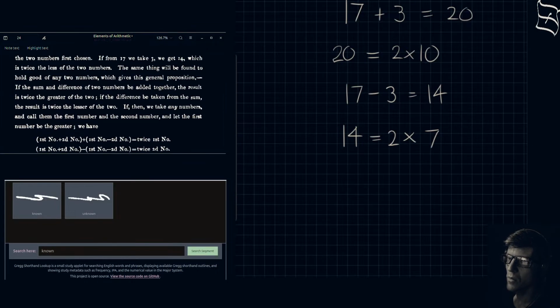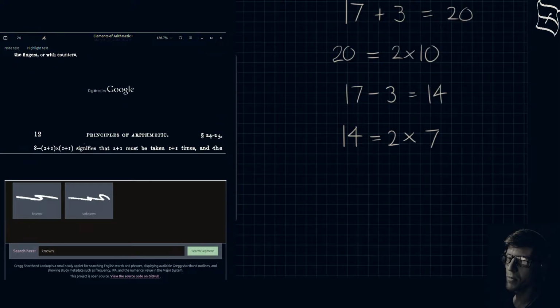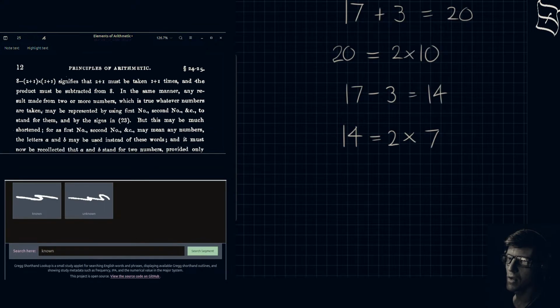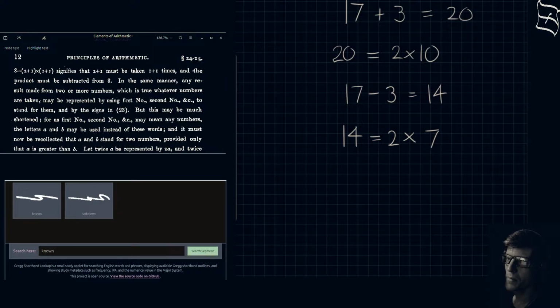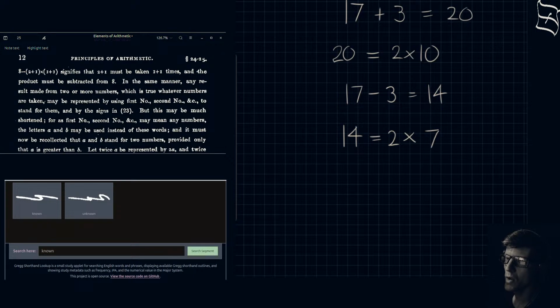But what is the takeaway from this particular idea? So 8 minus 2 plus 1 signifies that 2 plus 1 must be taken twice, and the product must be subtracted from 8.